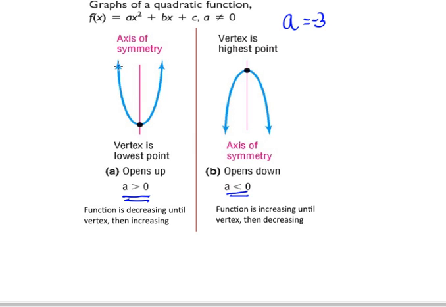If it opens up, then the function decreases until the vertex, and then it increases, and this is vice versa. So a function that opens down increases at first, reaches its maximum, and then decreases. Keep in mind that we've already talked about maximums and minimums as well, so that would be the max, that's a min.